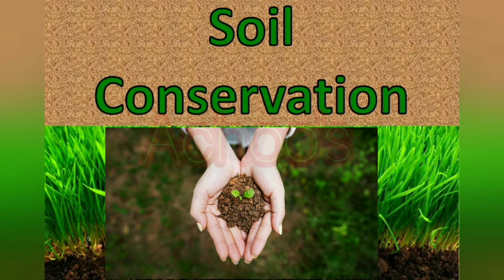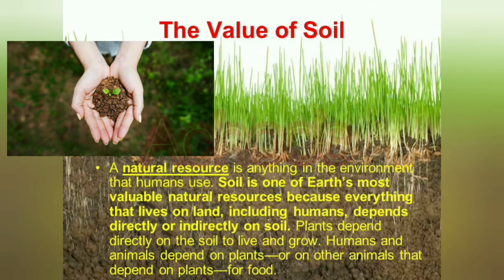So next we are going to learn about soil conservation. What does it mean? Before that we should know what is the value of soil. A natural resource is anything in the environment that humans use.